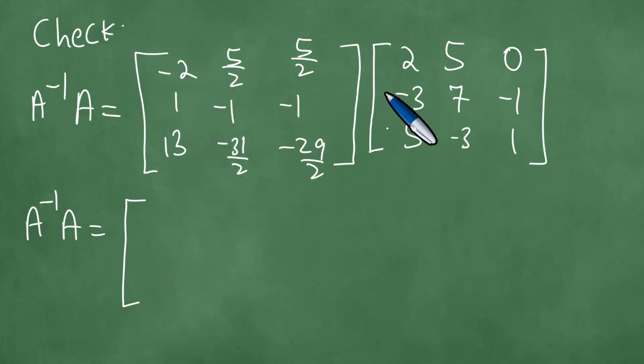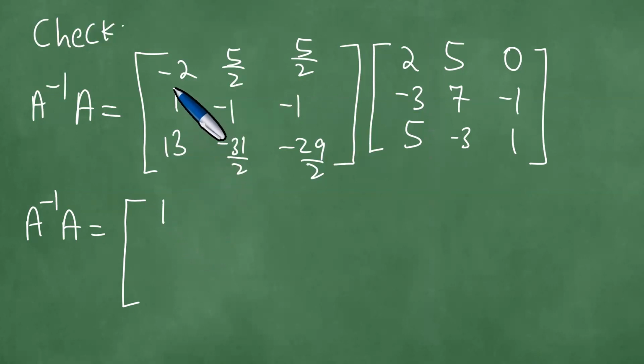Let us multiply this row by this column. So this times this: minus 2 times 2 is exactly minus 4. Multiply this with this is minus 15 over 2, plus 25 over 2. So minus 15 over 2 plus 25 over 2 is the same as 10 over 2, which is 5, minus 4 is 1.